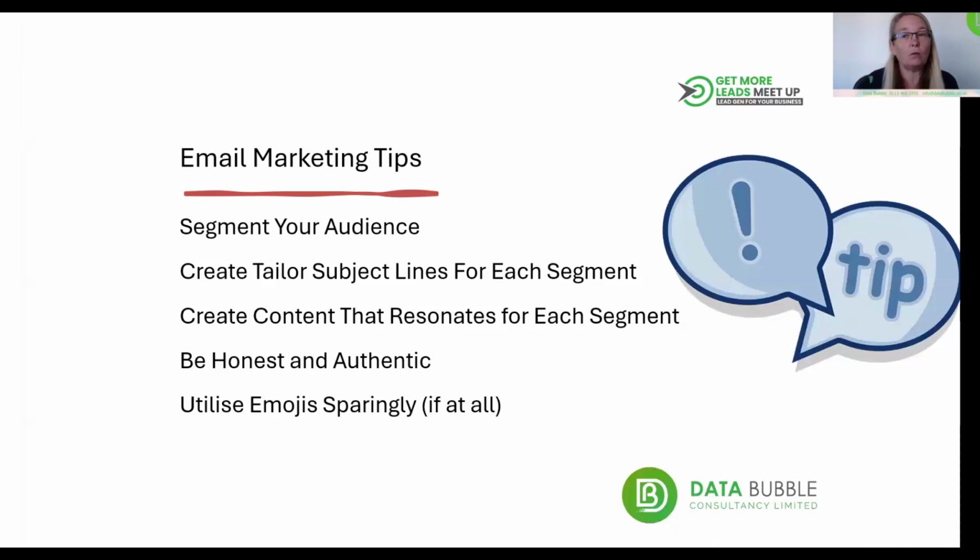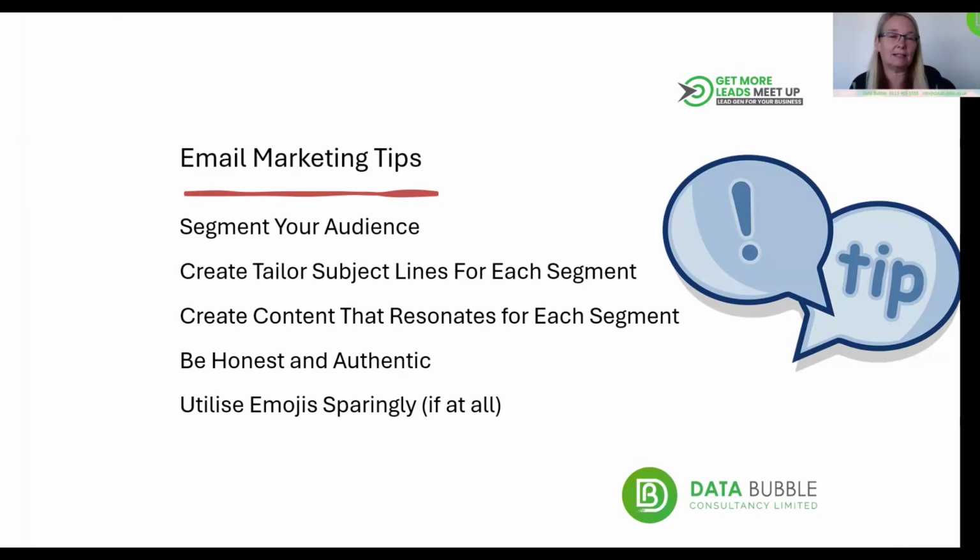Email tips for when you do email marketing. Always segment your list, and tailor the message for each segment, because that means you can create the subject line and the content that resonates with that segment. Be honest, be authentic. Use emojis sparingly. I personally don't like to see emojis in an email, though some people do.